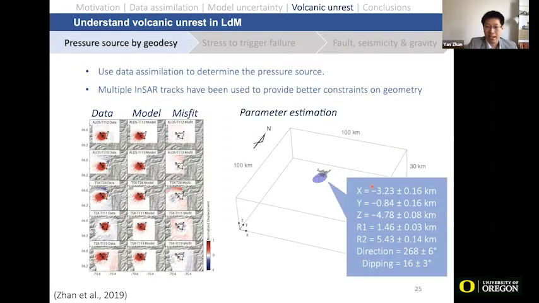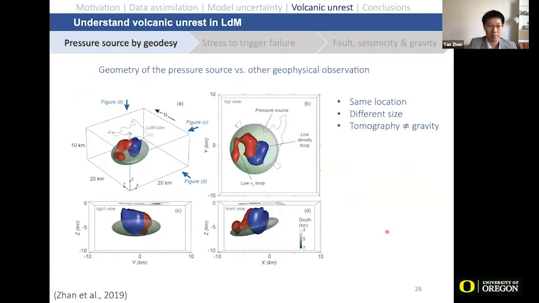And the EnKF can provide us the parameters of this pressurized ellipsoid: XYZ is the location, R1, R2 is the size, and the tilting angles are the direction and the dipping. The EnKF gives us a distribution of the parameters. We can use the mean value of those parameters as a best fit model and compare that with other observations.